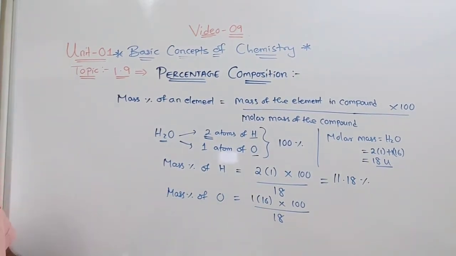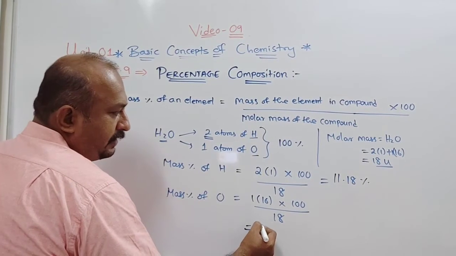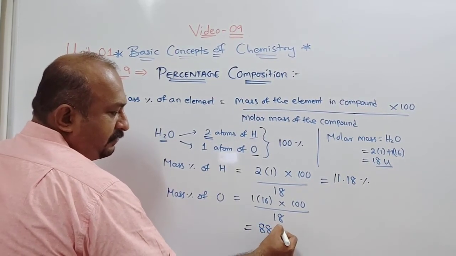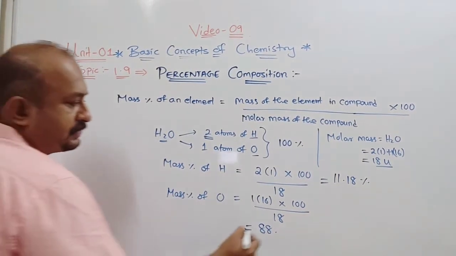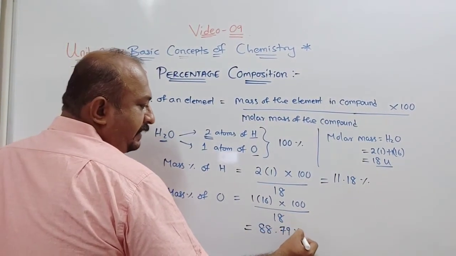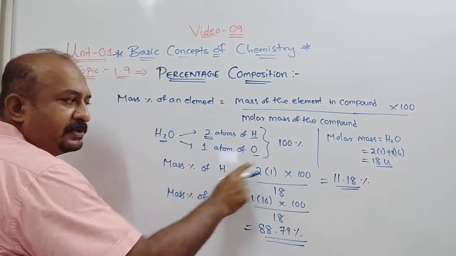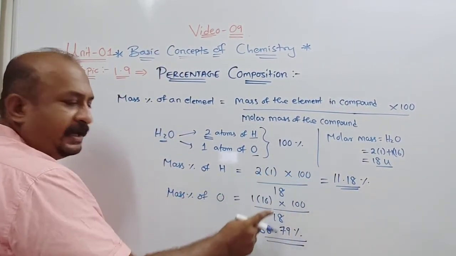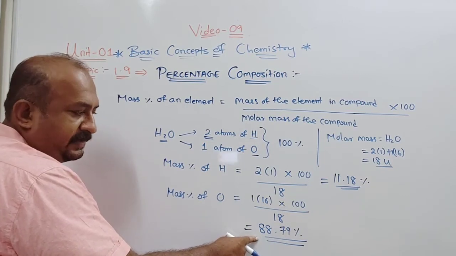If you calculate this, you will get 88.79%. So both percentages we got. Hydrogen percentage is 11.18 and oxygen percentage is 88.79.